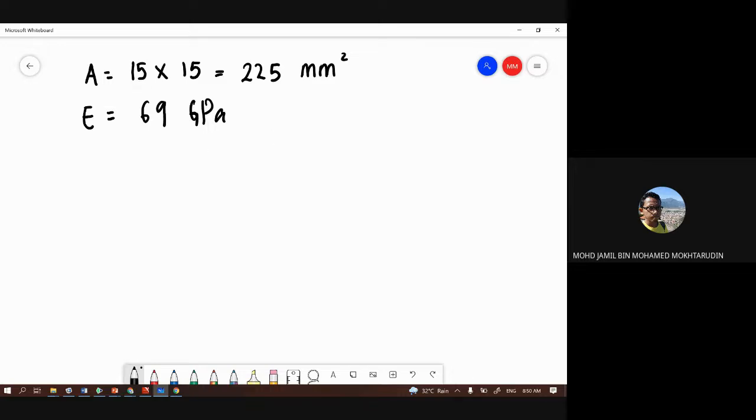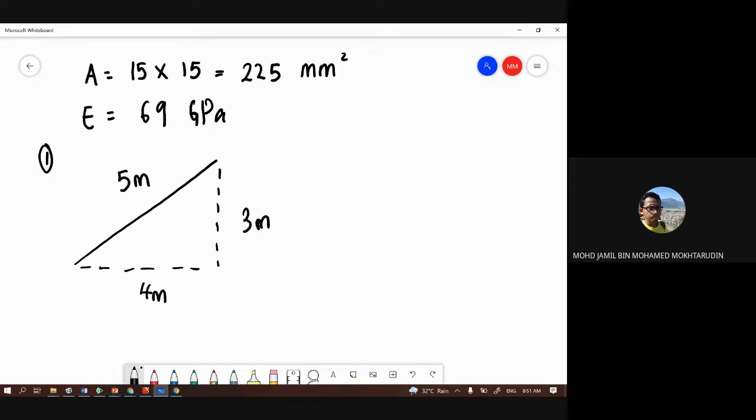So firstly, we need to determine the angle of each element in the truss. Okay, so we go to the first element. The height is 3 meter and the length is 4 meter, so the length of the element is 5 meter using Pythagoras theorem.